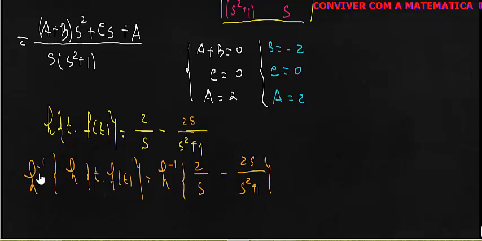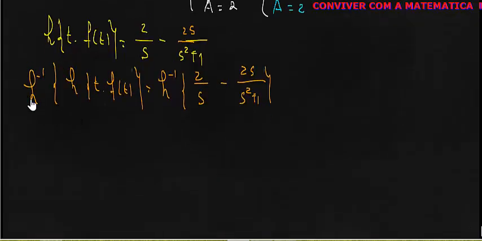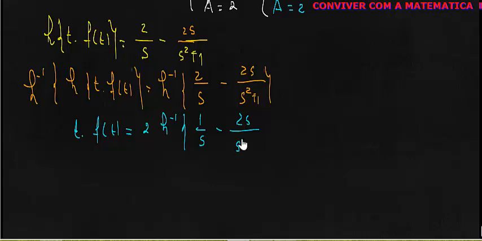As the inverse Laplace transform undoes what the Laplace transform does, it is quite simple to understand that over here I will get t times f of t, which equals, and now, because the Laplace transform is a linear application, I can put this number 2 outside of the symbol of the inverse Laplace transform, and I will get 2 times the inverse Laplace transform of 1 over s minus s over s squared plus 1.